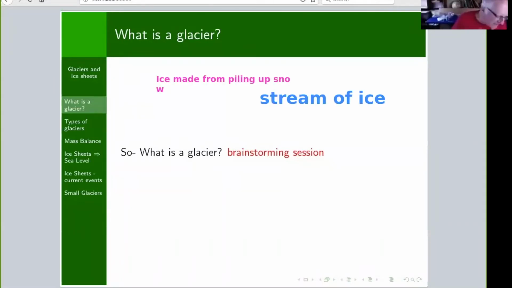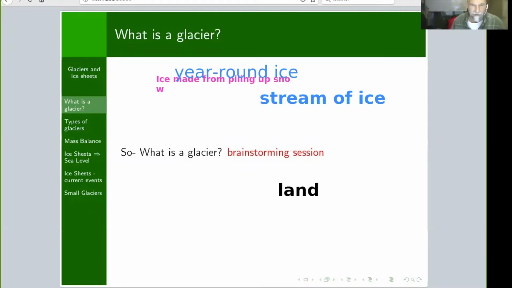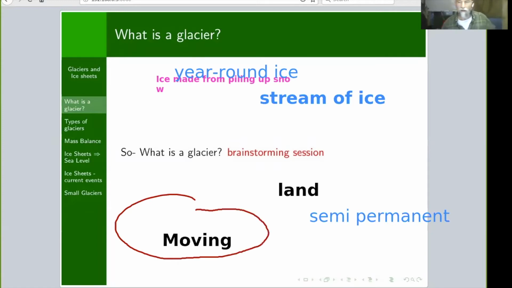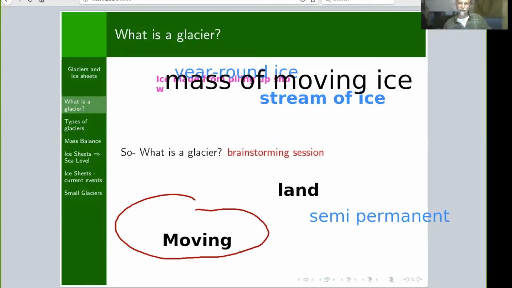A river of ice. Ice made from piling up. Oh, I love this. Stream of ice, on land, year-round ice, semi-permanent, moving. I really like that last piece, the moving piece. This is a massive moving ice. This is even better, it's like a word cloud. Louise, this is great.